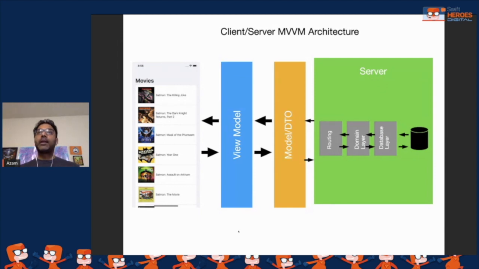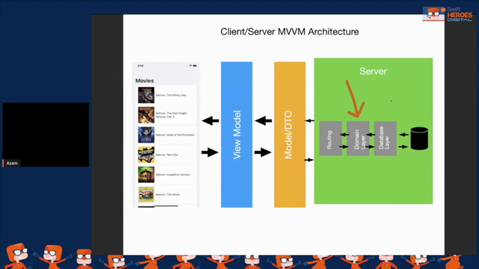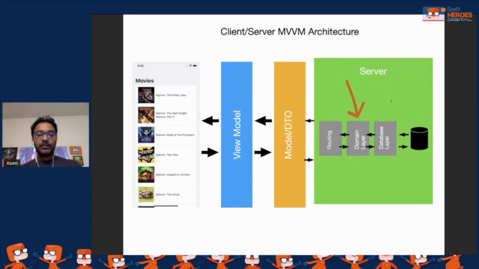So in a client-server MVVM architecture, you will see that most of your domain layer will be living inside the actual server. You can see, in this case, the domain layer is right over here, which is on the server side. And that is a very important piece.